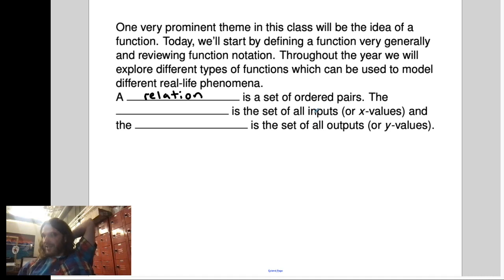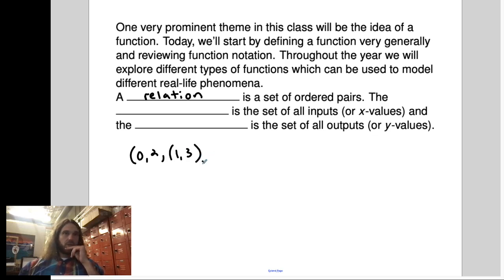Now, let's go ahead and take that first relation that's in your notes today. The first relation being (0, 2), (1, 3), and (2, 4). Oops, forgot my parentheses there.